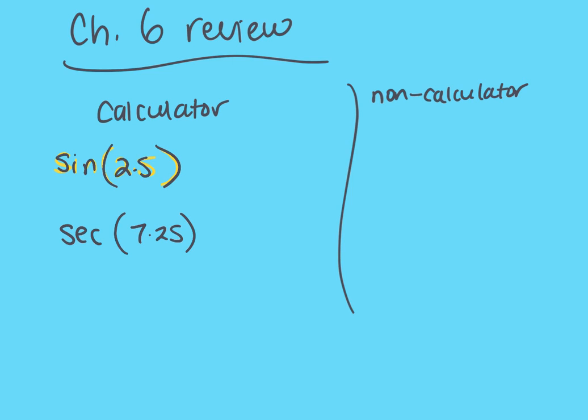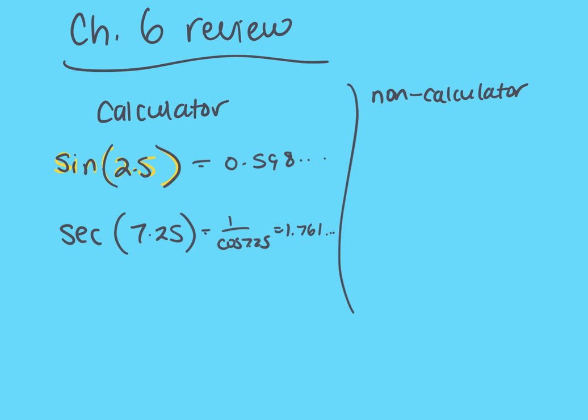You would literally hit sine of 2.5, and you'd get 0.598, so on and so forth. I think it says to round to 3. Secant would be 1 over cosine of 7.25, and you'd get 1.761. Easy stuff, just don't screw it up.